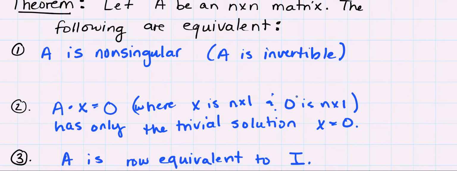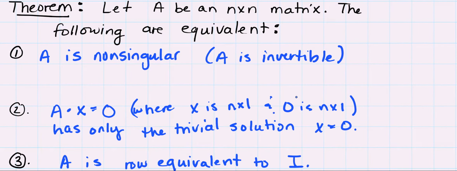Here's an important theorem. If A is an n by n matrix, then the following are equivalent. What that means, the following are equivalent, is that if you have one of these, then all of them are true.